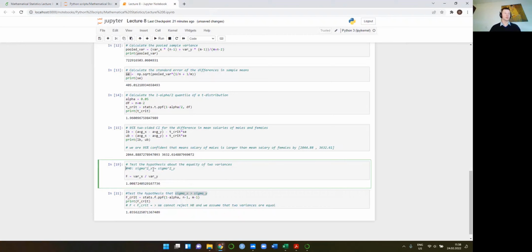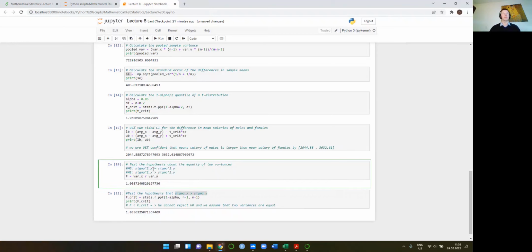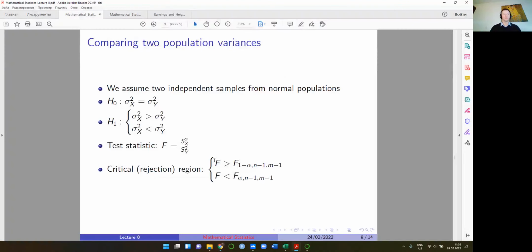So that's our null hypothesis. And the alternative hypothesis is right-sided, so that sigma squared x is greater than sigma squared y. So because of this alternative, we choose only this critical region. We don't need to choose this.